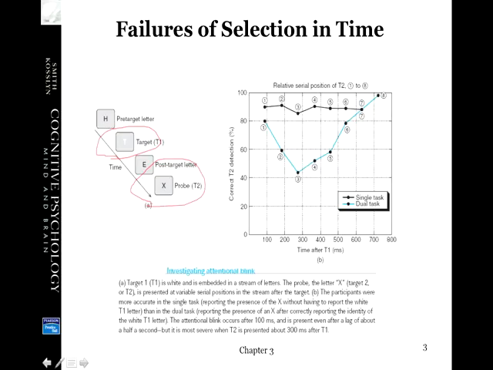If I ask you to tell me both letters, you get this check mark pattern. And this section here, 2 through 5, is the attention blink. So you're going to miss things that happen in that window. It's about 200 milliseconds to about 600 milliseconds when things appear after that first letter. So you'll get the first one, but the second one, you're going to miss it.